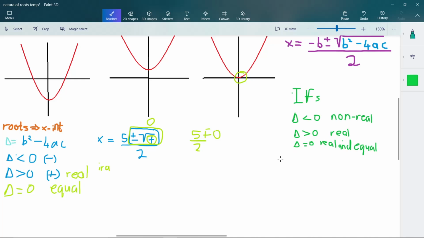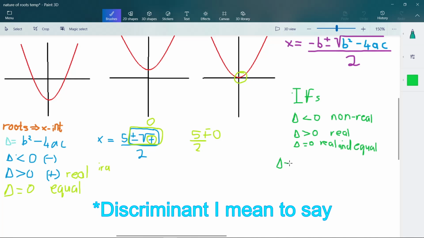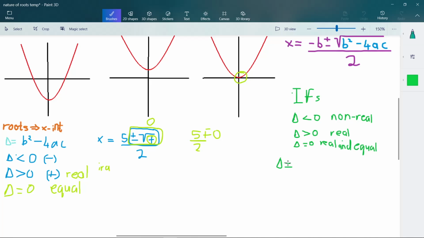And another thing, if the discriminant is a perfect square, a number that if you get the square root of it, it's going to give you a natural number, then the nature of the roots is that the roots are real, since it will be greater than 0, and they are rational.